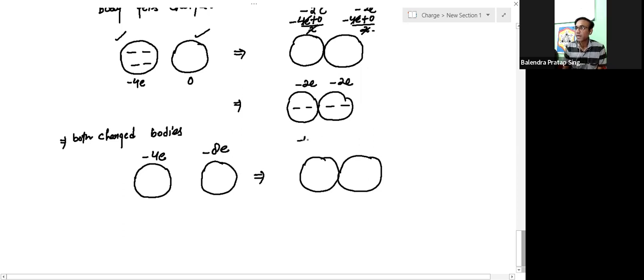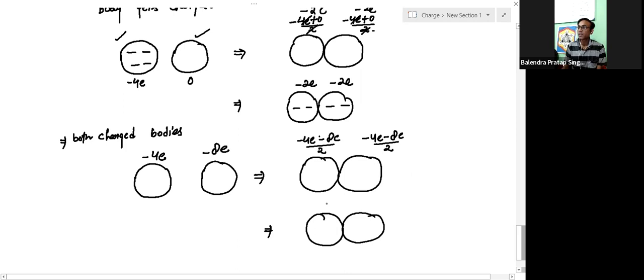So minus 4e minus 8e divided by 2, both are negative, so they get added, and it is minus 12e divided by 2. How many charges will both bodies get? Tell me. It is minus 6e and minus 6e.